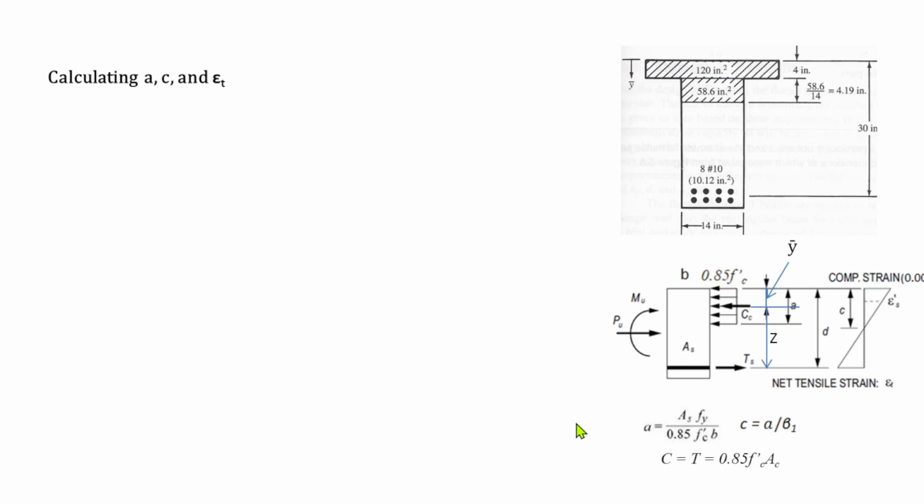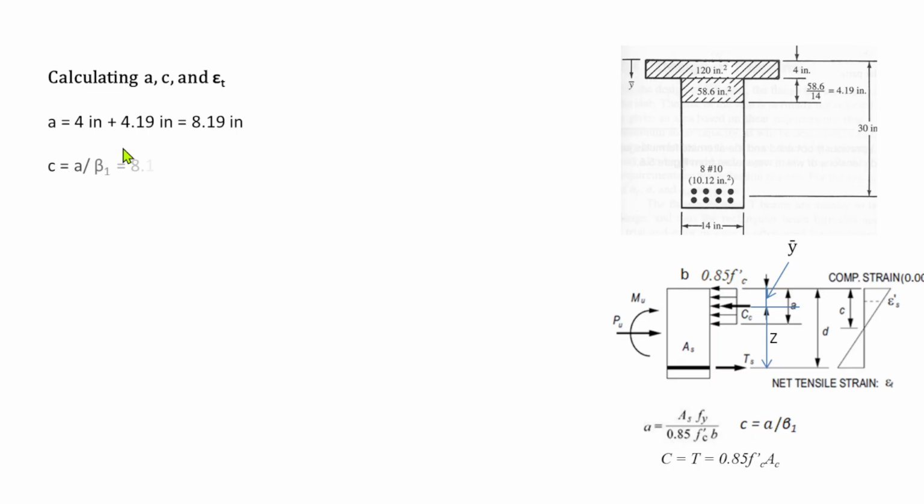Then we determine all these parameters, which are a, c, and the tension strain. We have all the formulas here. First of all, we need to calculate a. We have already determined the a value, which is 4 plus 4.19. So this is the height of a.